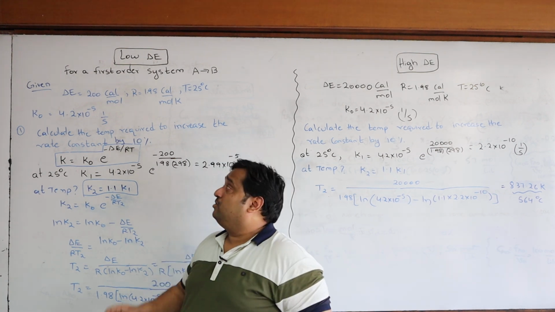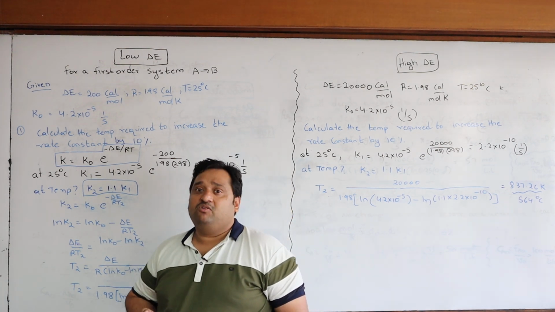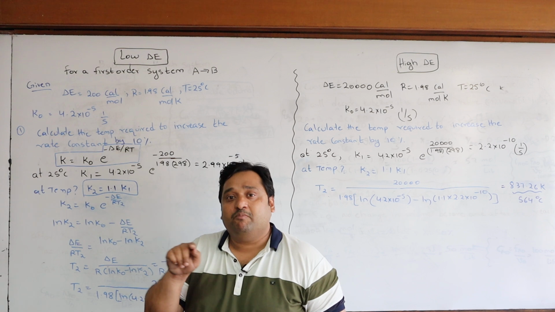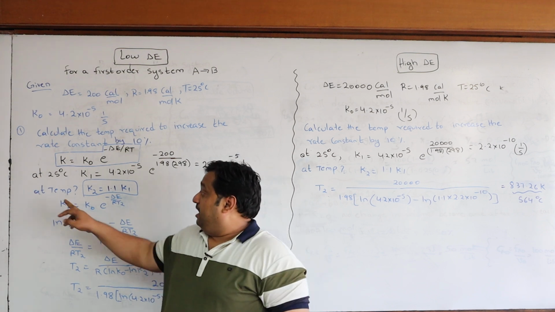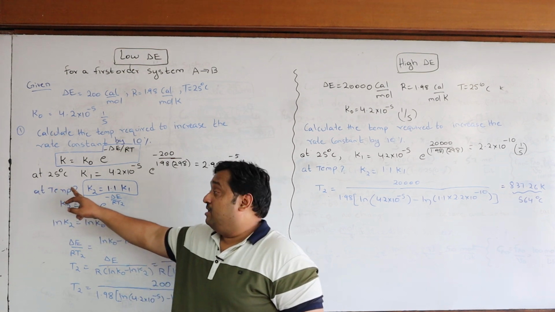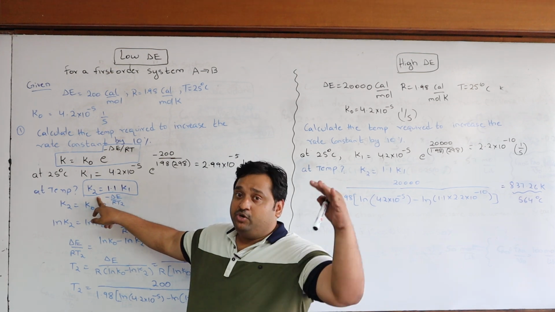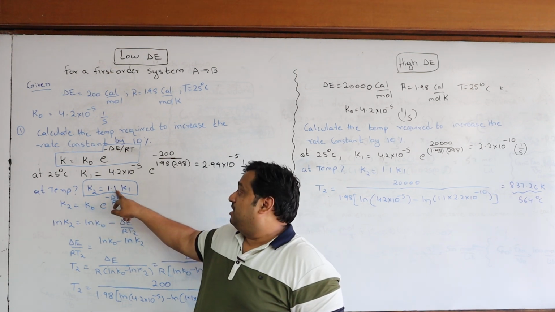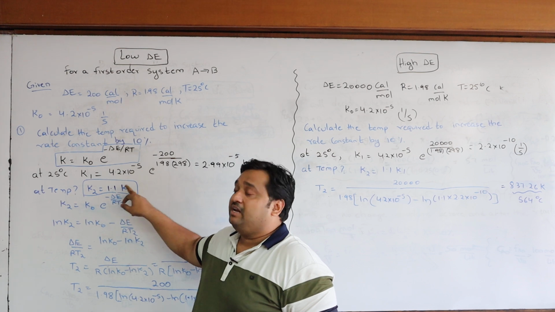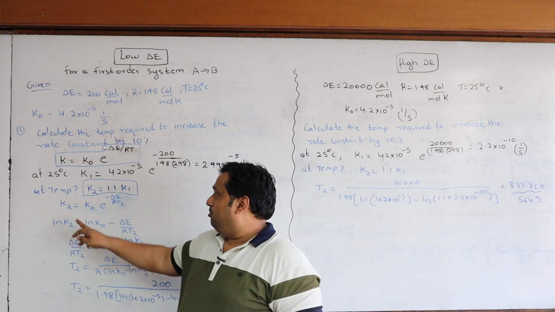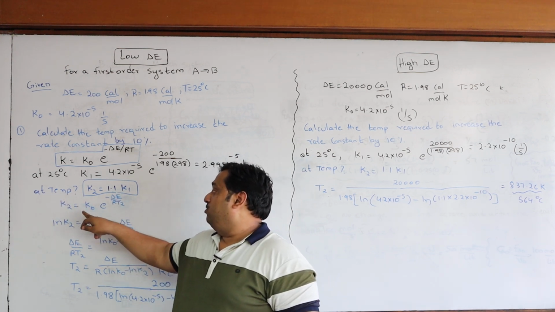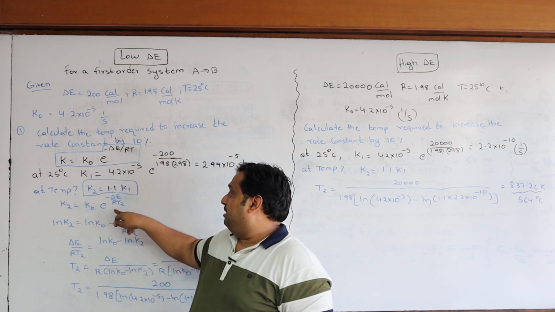Because we are talking about the first order system, the unit of the rate constant is 1 by second. At what temperature is my new rate constant K2 10% more than K1, that is 1.1 times K1? K2 is equal to K0 into e power minus delta E by RT2.